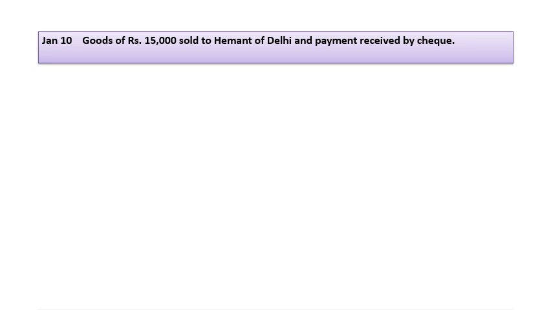So Arvind Bhai is in Gujarat, whereas Hemant is in Delhi. So it is a transaction between one state and another UT with state assembly.